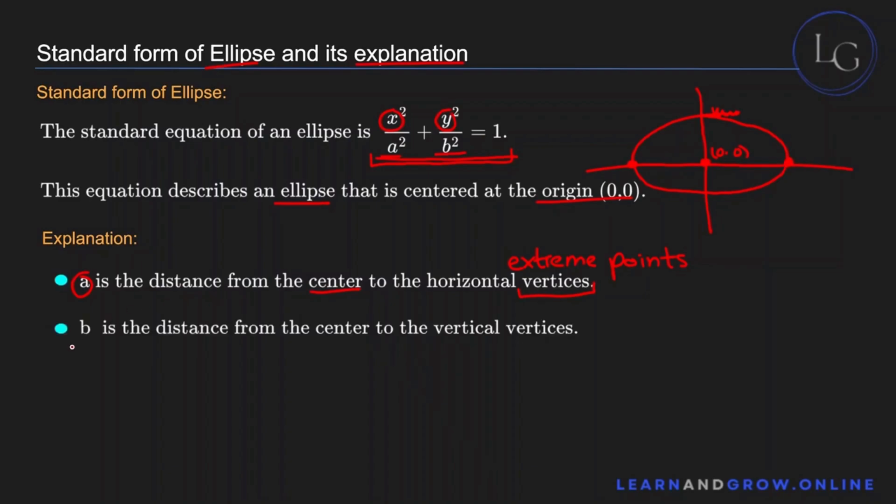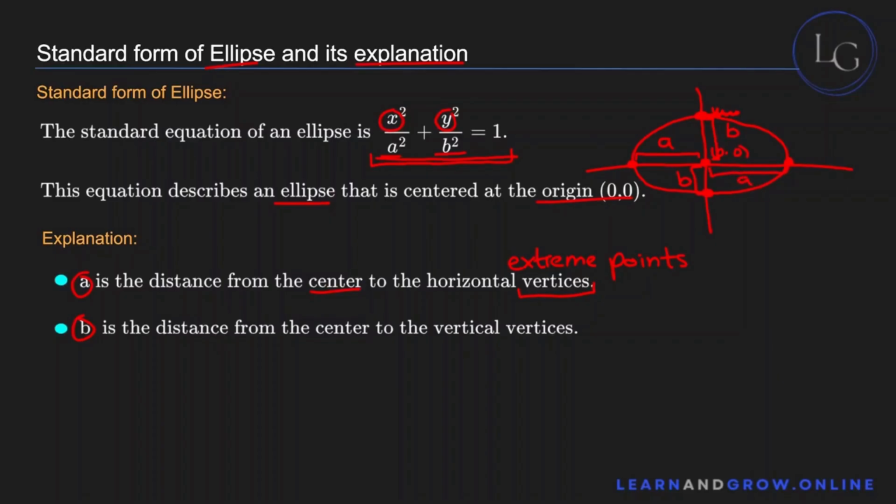And B is the distance from the center to the vertical vertices. Now the vertical vertices are these extreme points on the vertical axis. So A is this distance and B is this distance or this distance, because they're both equal, and similarly this is also equal to A.